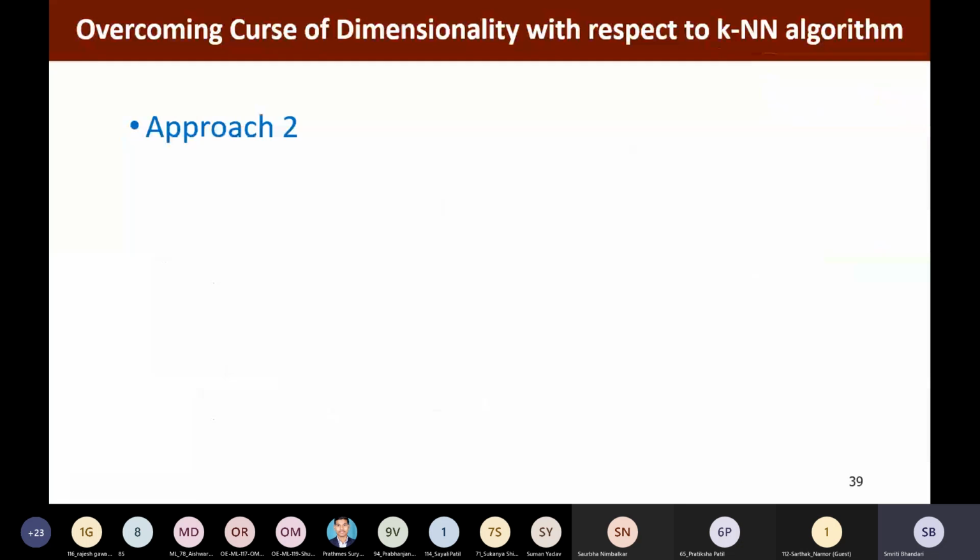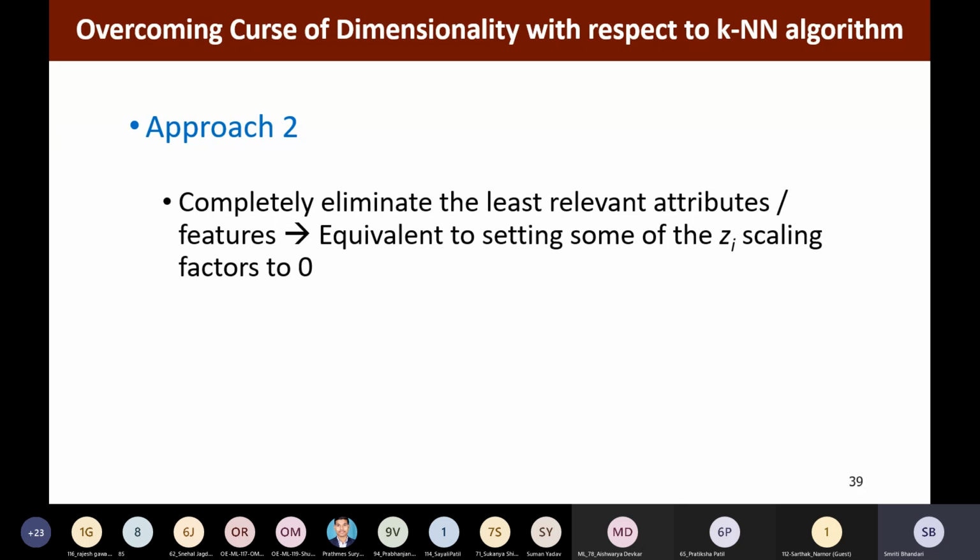Fine. So let me proceed with approach number 2 now to overcome this curse of dimensionality. And please remember, we are right now talking about only the KNN algorithm or nearest neighbor algorithm. And afterwards, we are going to extend this concept further.